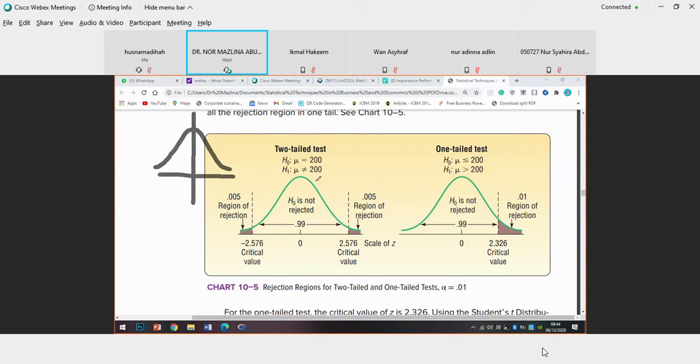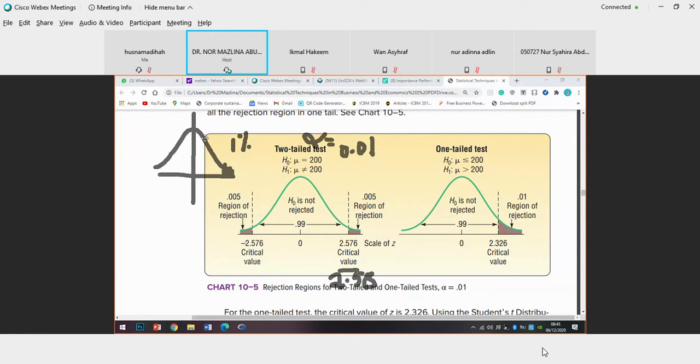So this is 99% or 0.01. Alpha is 0.01. And you got your critical value as 2.58. So you can look at your table, 2.58. However, for this one, you have to remember the 99% is here and only 1% at the tail end, or 0.01.